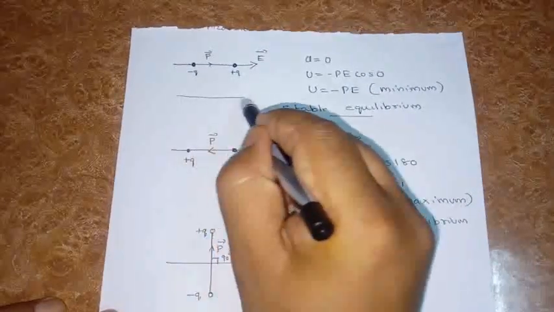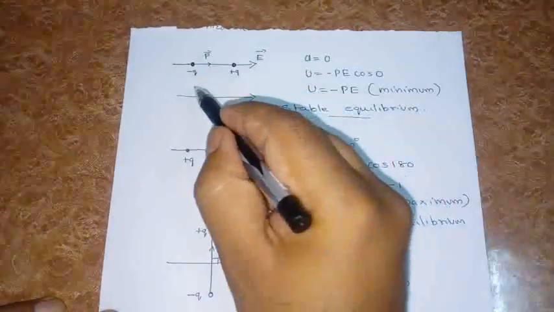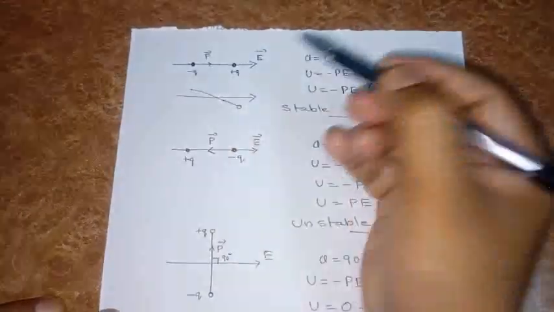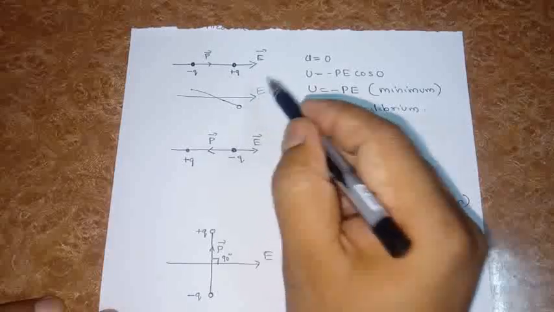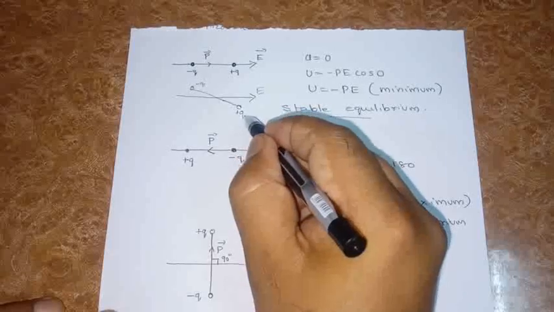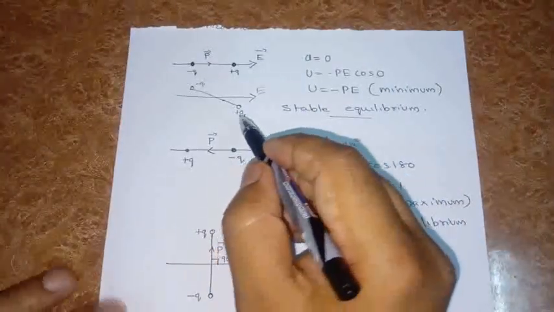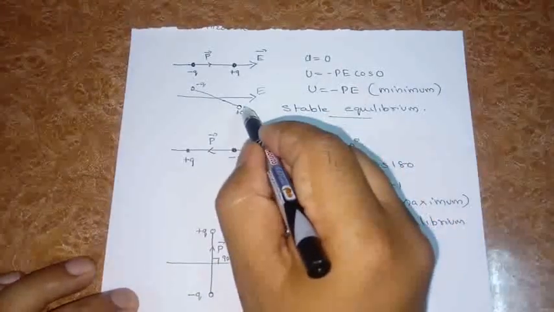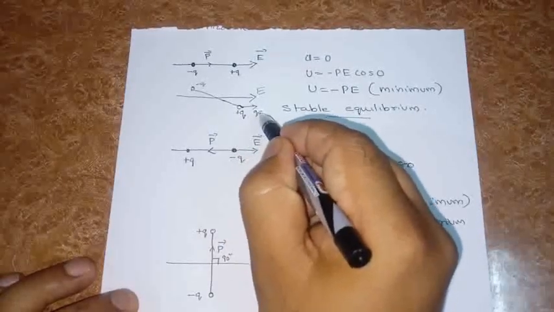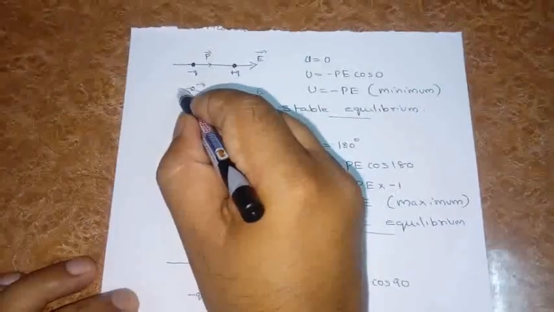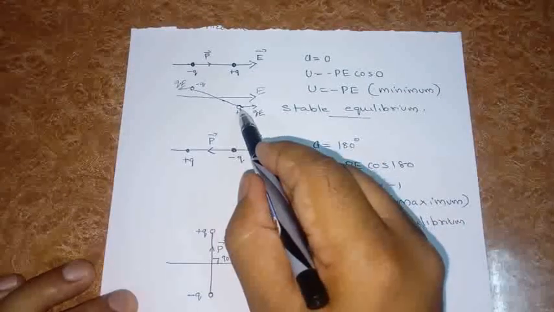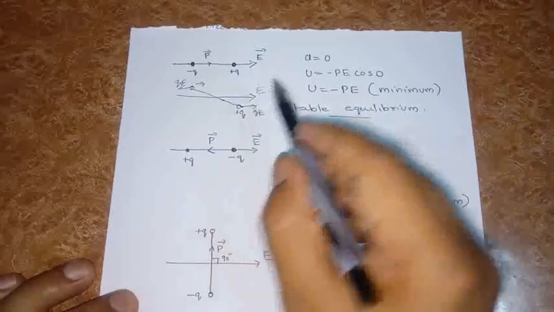Listen very carefully. I am going to displace this dipole by a small angle like this. This is the electric field, this is the dipole, minus q charge, plus q charge. At that time, you know what is the force acting on the charges. This is the force acting on the charges, QE and QE. The positive charge experiences a force in the direction of the electric field.